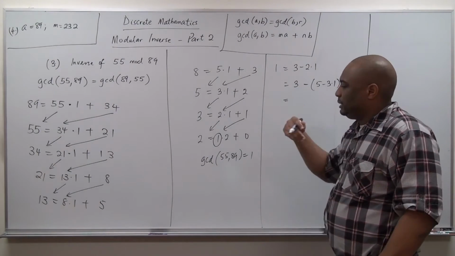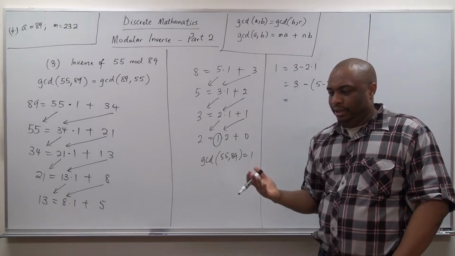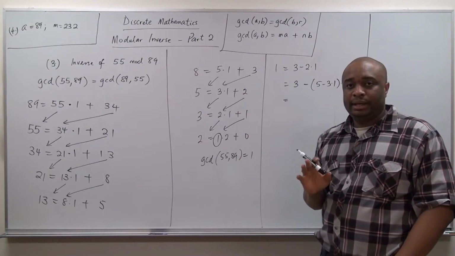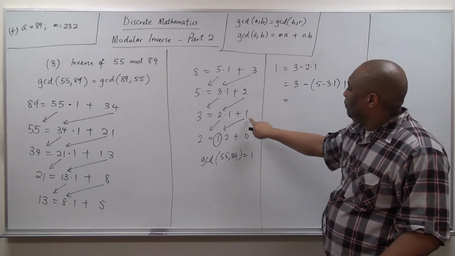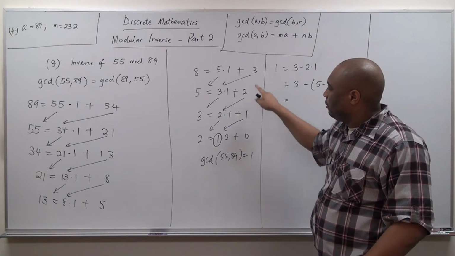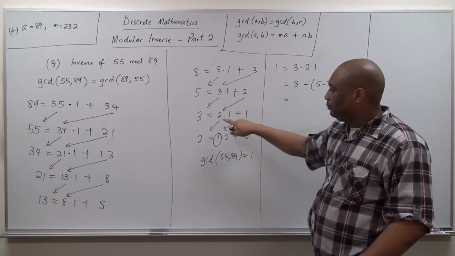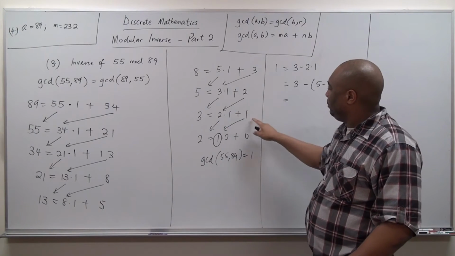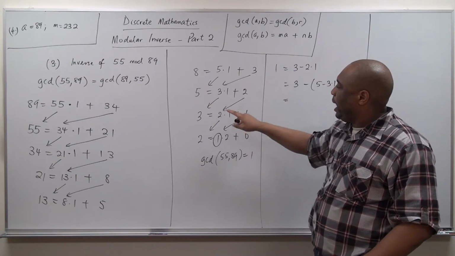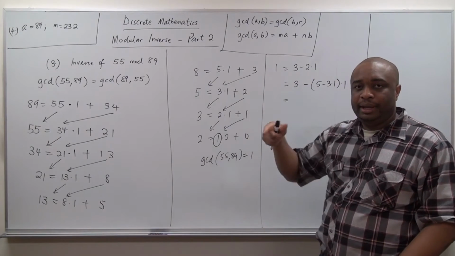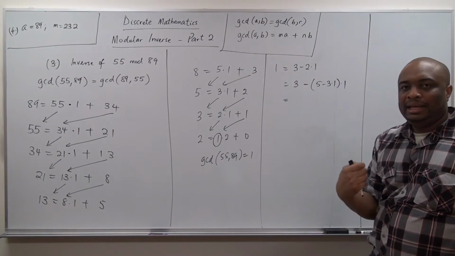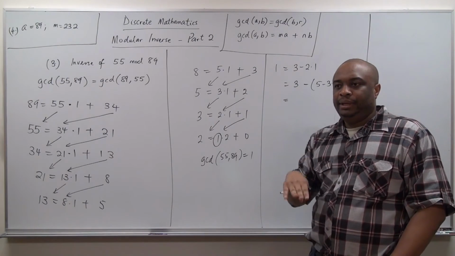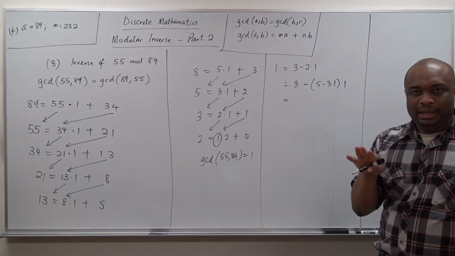So we always simplify expressions based on that. Let me repeat. We solve for the remainder, and as we solve for the remainder in each case, we want the dividend and the divisor to be in the equation.